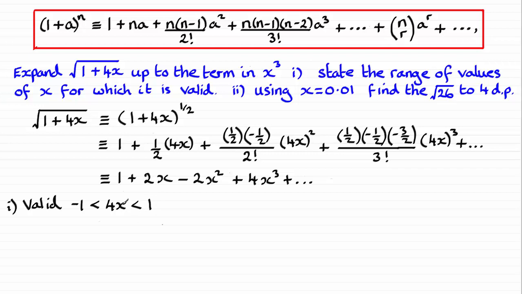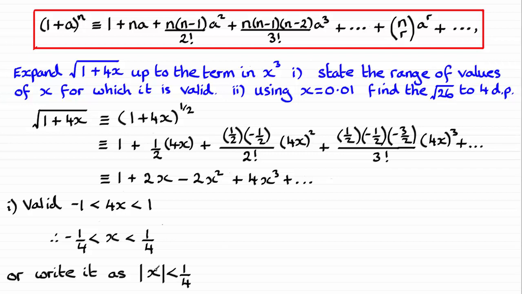And so to find out the range of values for x, I just need to divide each of these sections by 4. And if you do that, you're going to end up with minus a quarter being less than x, being less than 1/4. So x lies between minus a quarter and a quarter. You could leave it like that, or you might prefer to write it in this style. The mod of x is less than a quarter.